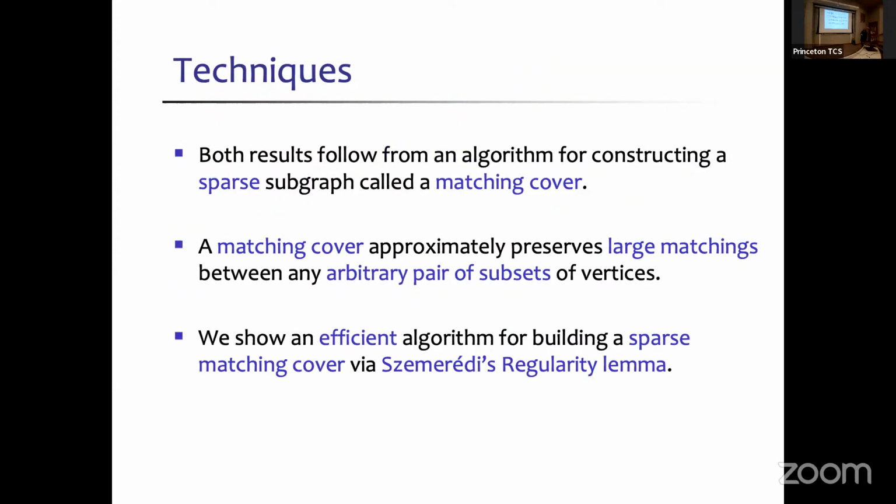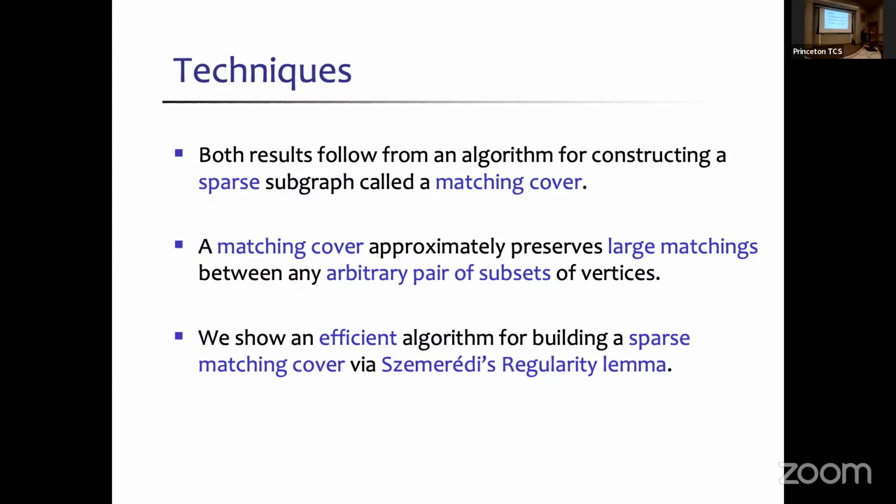So what about the techniques for getting these results? Both these results follow from the same technique, which is basically a new sparsifier for preserving matchings approximately in dense graphs. We'll call this sparsifier a matching cover. Roughly speaking, this object will preserve large matchings between arbitrary pairs of subsets of vertices in the graph, not just the entire graph.